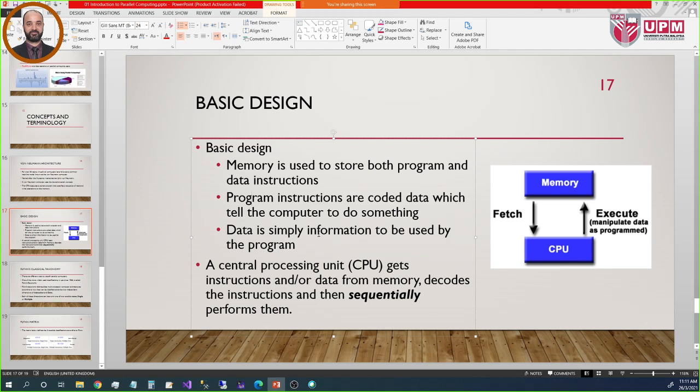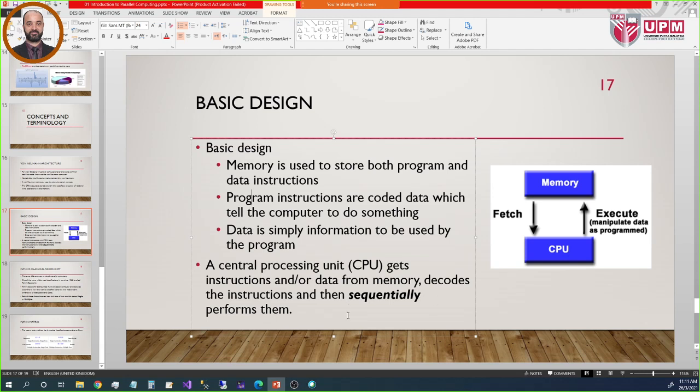Okay? A central processing unit, which is called CPU, as you know, gets instructions and or data from memory. So the CPU should bring the instructions of the program and also the data from the memory, right?